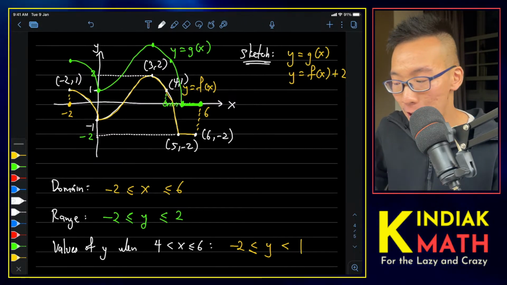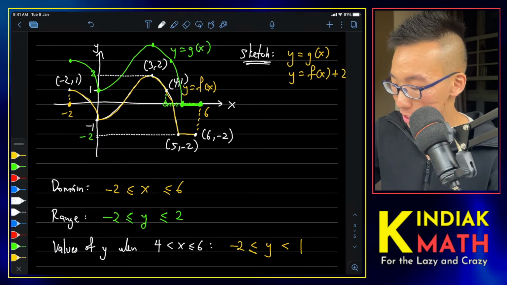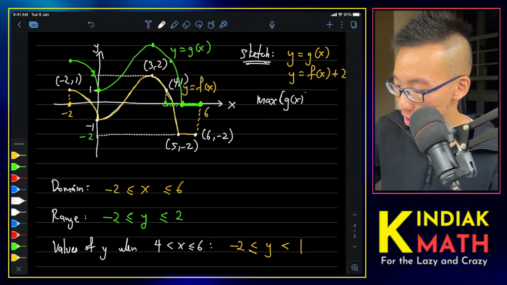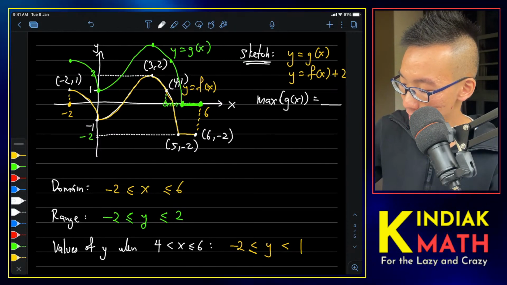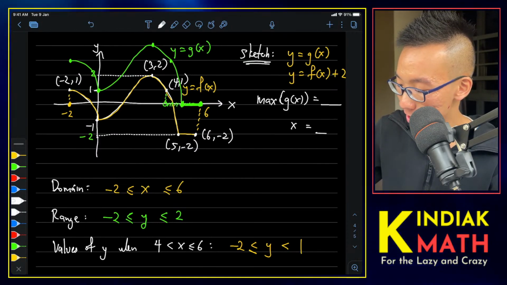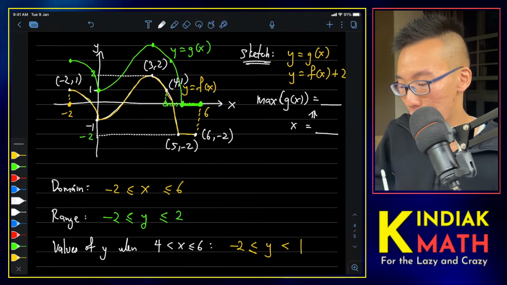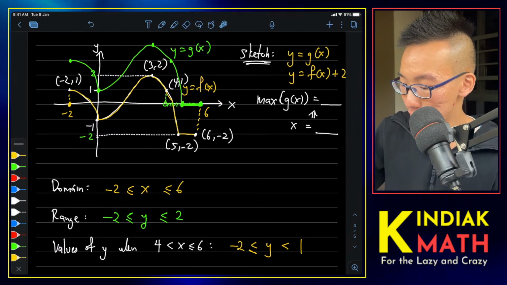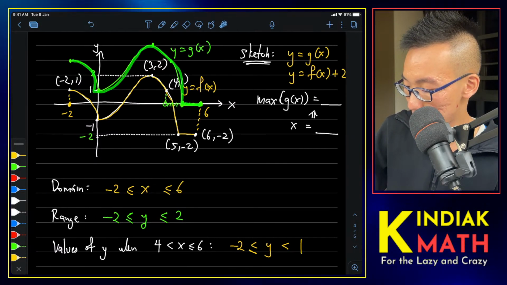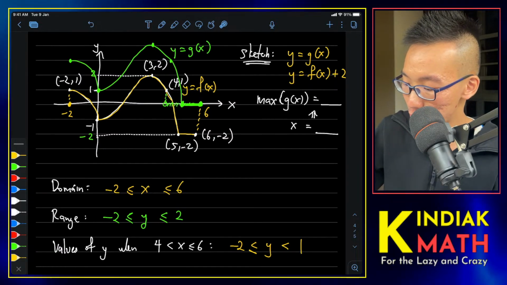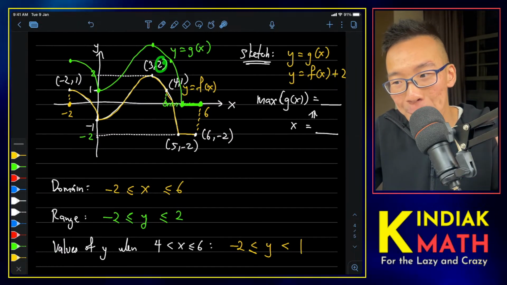And finally, we are asked to find the maximum output of g as well as the x that allows for this maximum output. Well, from the picture, this is g of x, it looks like this, and the maximum output is right over here. It's going to be 2, but we're going to shift it up by 2 units.